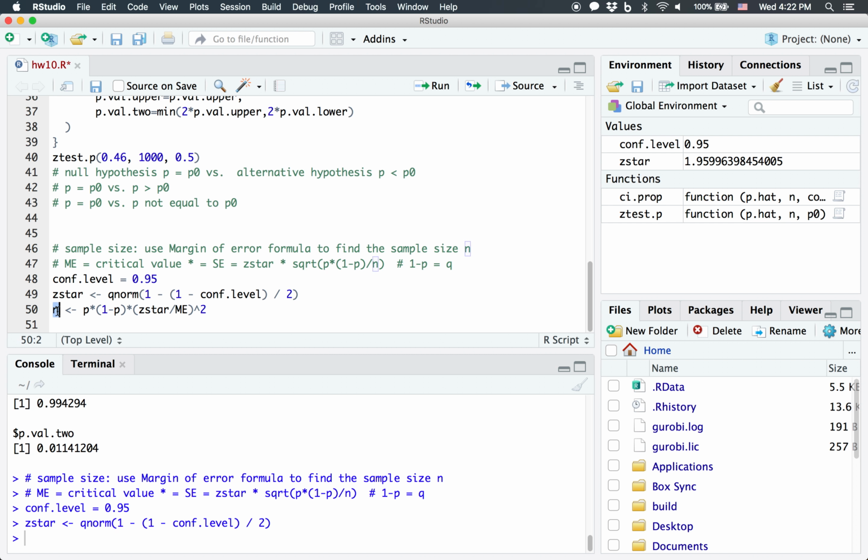And n will be the sample size that you will need to end up with the result that you are inclined to find.